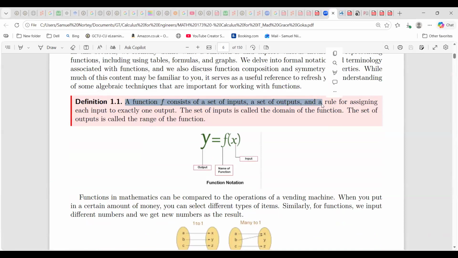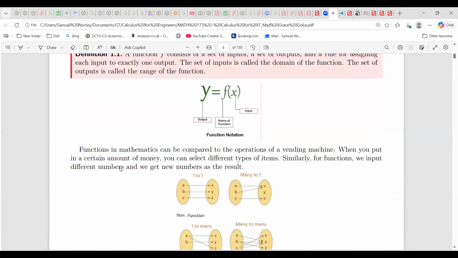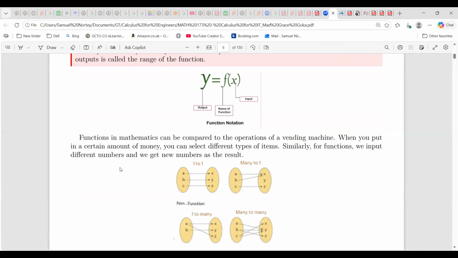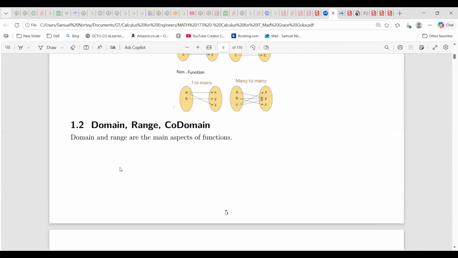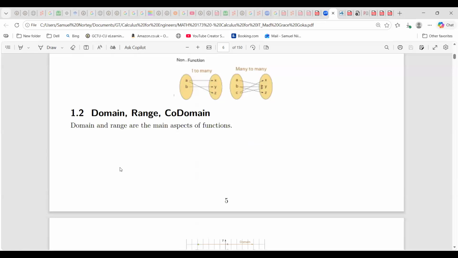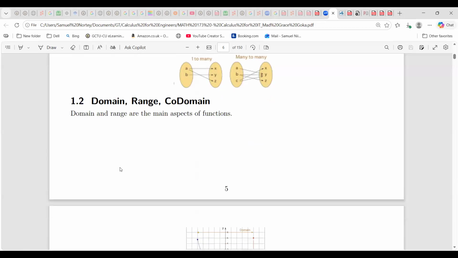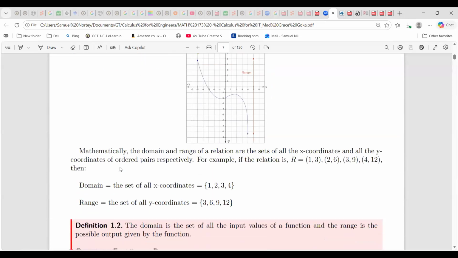So if you have y is equal to f of x, then y is the output, the name of the function is f, and x is the input. Some of their diagrams are a bit faint. Last semester, we saw the types of one-to-one, many-to-one, and so on. Now, what we were discussing in the PowerPoint was the domain, the range, and the codomain. So this is a graphical form.